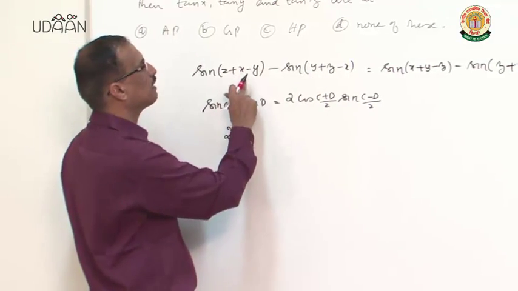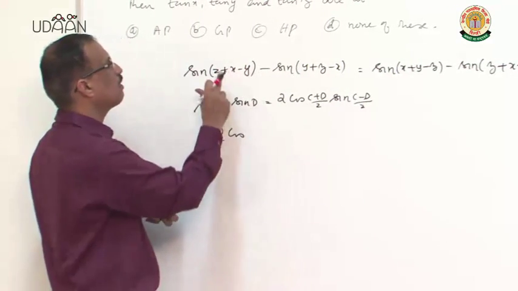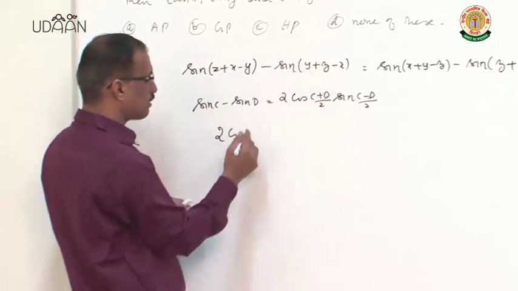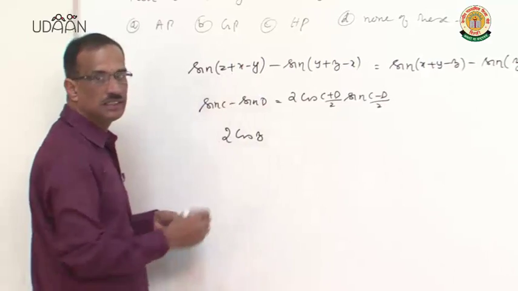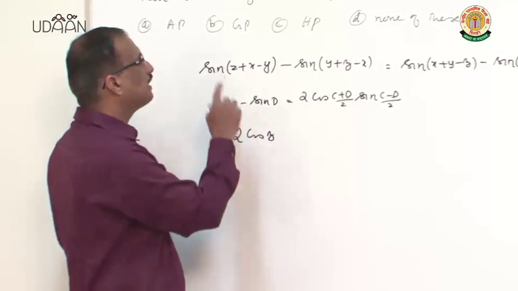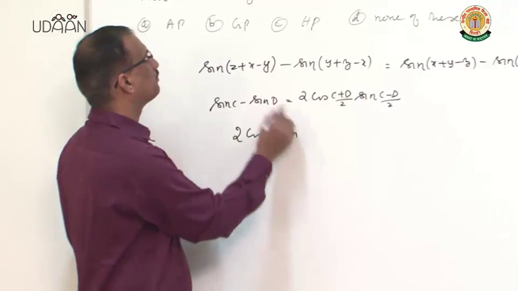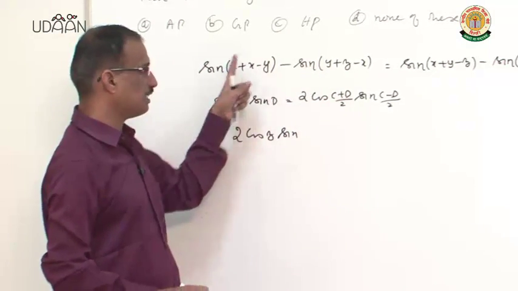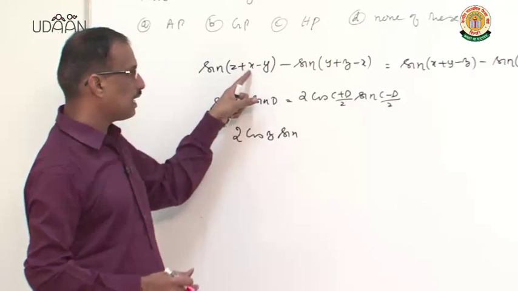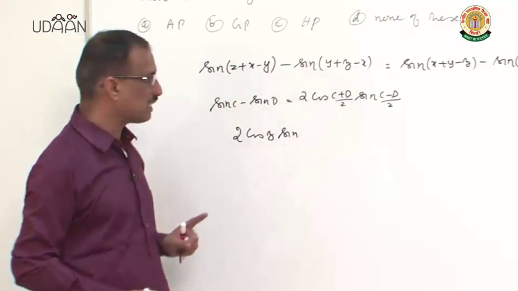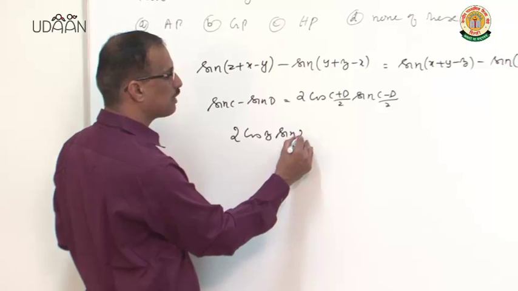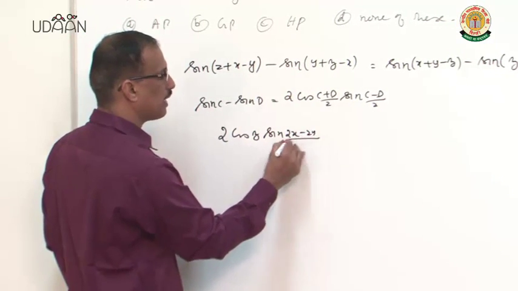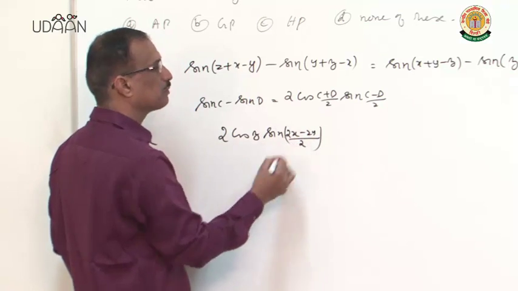Plus x and minus x get cancelled, and then minus y and plus y get cancelled. So z plus z, 2z by 2, that gives us z. Then sin of this minus this. So z minus z cancelled, x minus of minus x plus x, that is 2x, minus y, so minus 2y by 2.